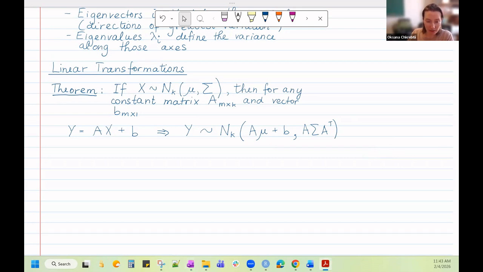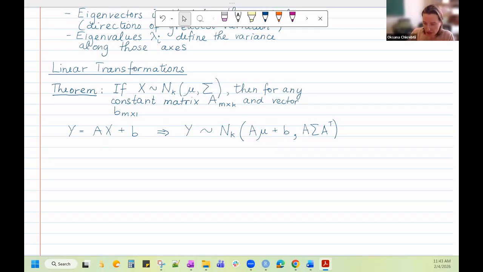All right, so the key consequences of this theorem are the marginalization property. If X is multivariate normal, then any subset of its components is also jointly multivariate normal. So you can use this to show that fact. I'll write it down in just a moment. And there's also standardization. We can standardize random variables X using a transformation that allows us to write the transformed variable as standard normally distributed.